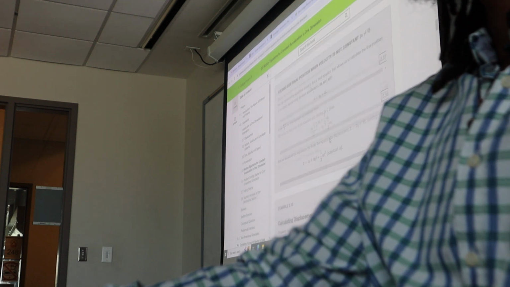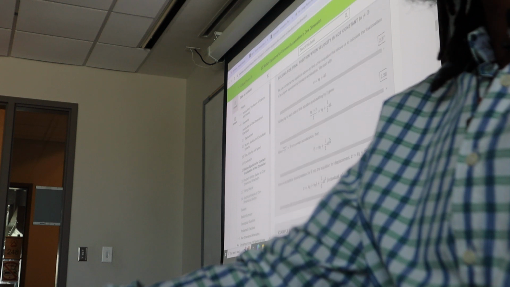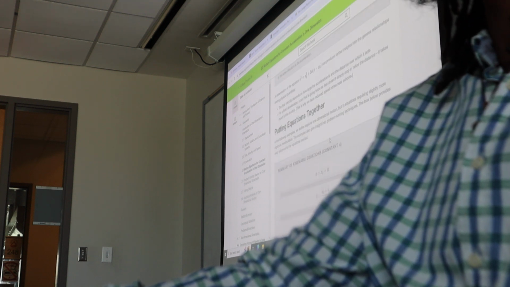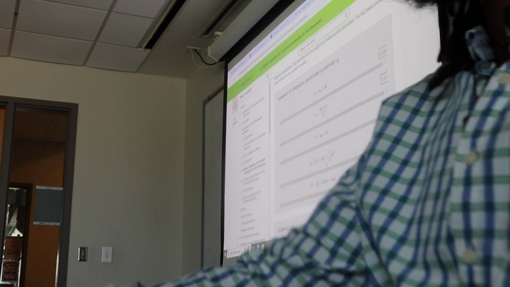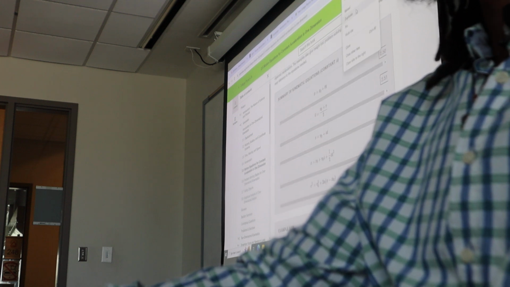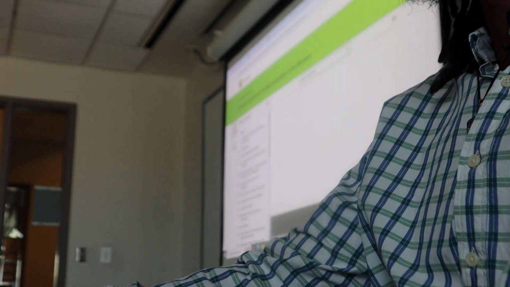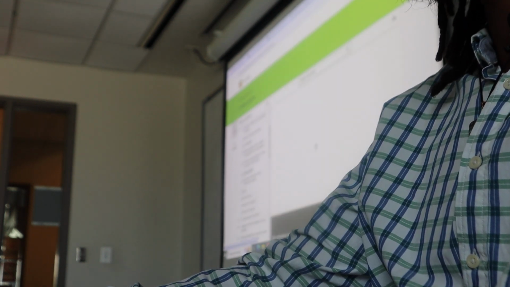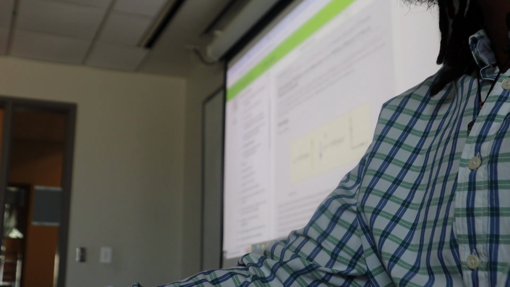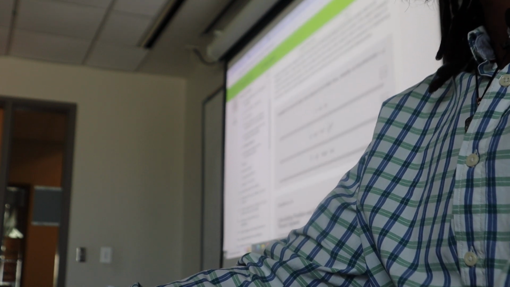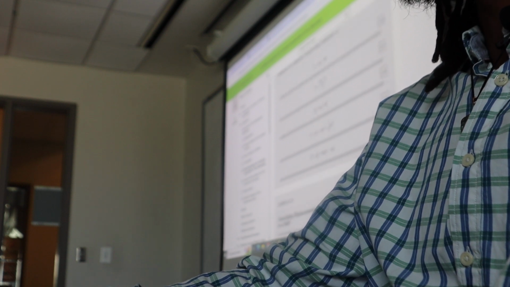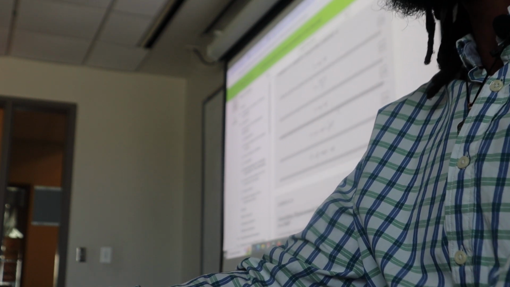The velocity equations. Yeah, the kinematic equations. Here we are. So we have these: v naught plus at, x, so that's horizontal.